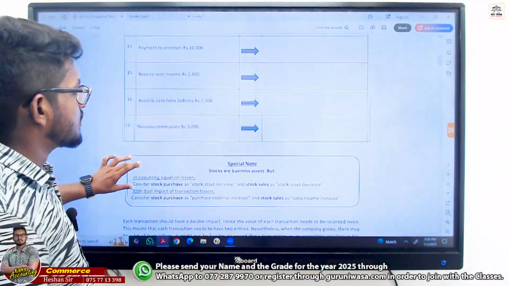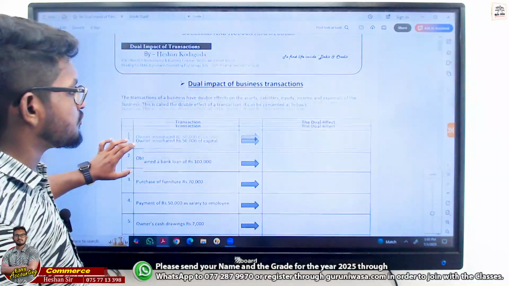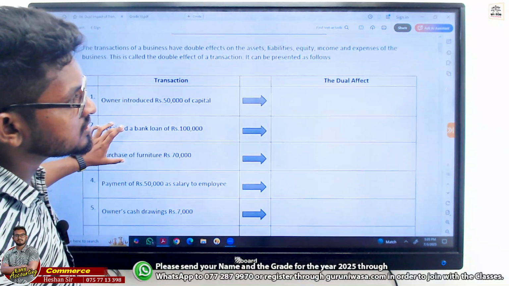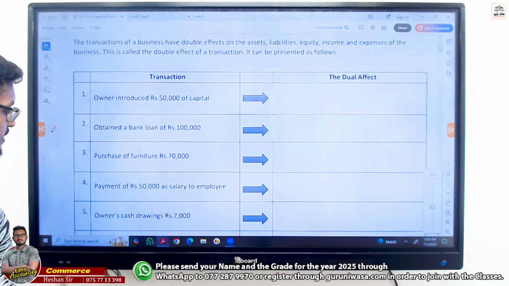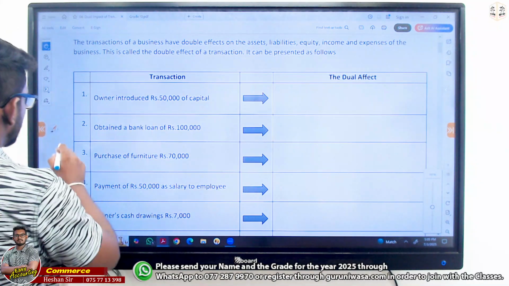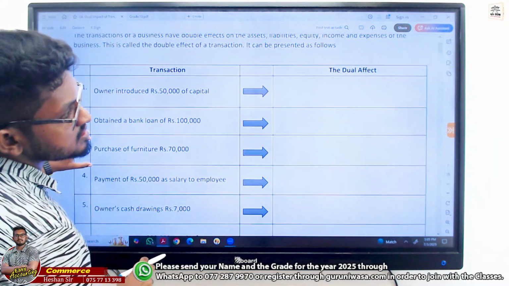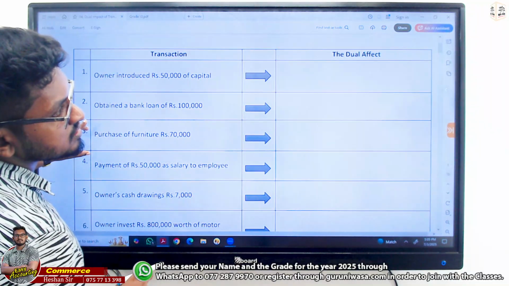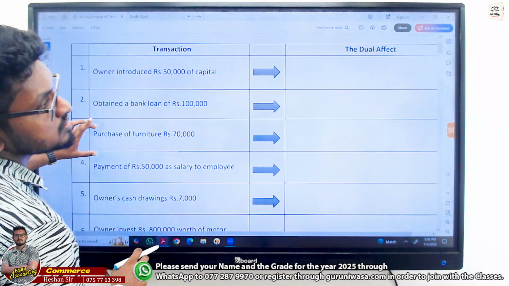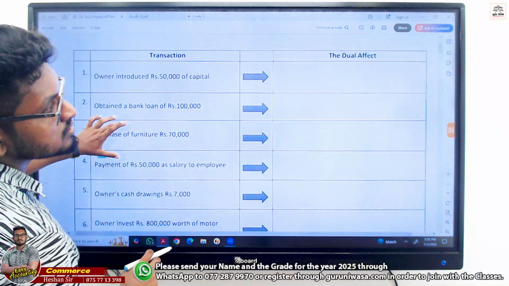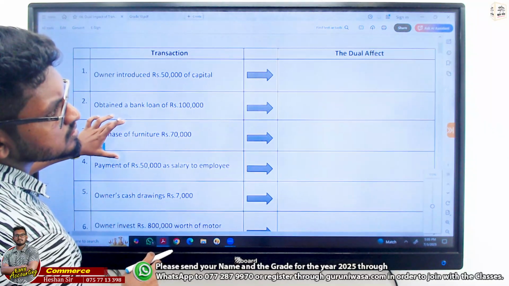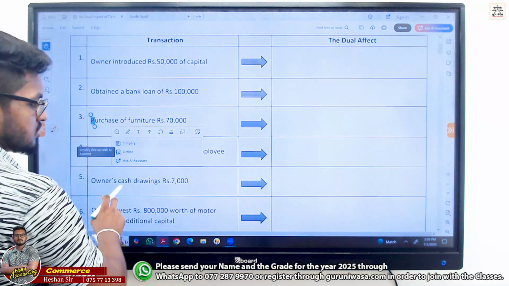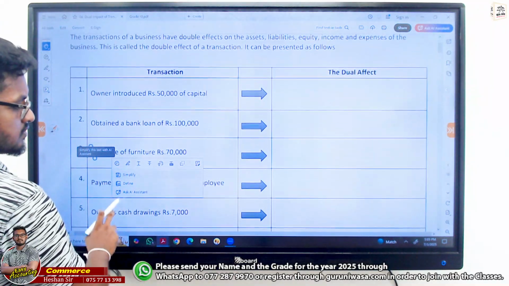Right? Okay, I think last week we finished up to 5 in here in dual effect. Am I correct? Understand? Right? Just check. I think I finished up to 5 only. First 5. Right. 5.